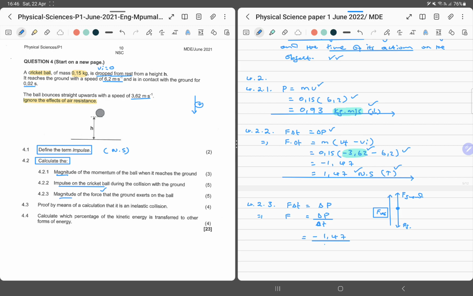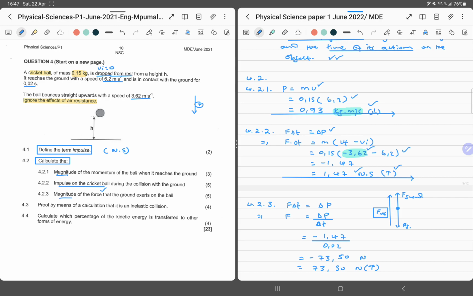We were told it's 0,02. So that's the resultant force here that we want. So I'm getting here 73,50 newtons, which we can interpret as 73,50 newtons upwards.